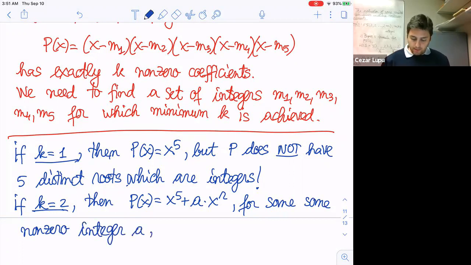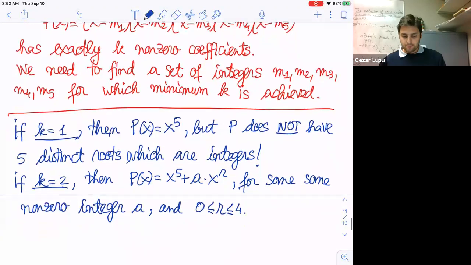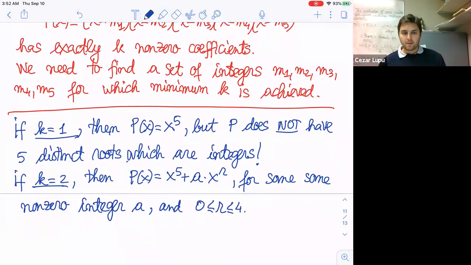And let's say that this r, the exponent here, is between 0 and 4, right? Okay. Well, let's look at this polynomial and analyze it a bit.